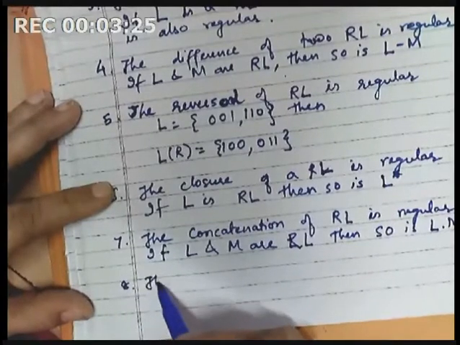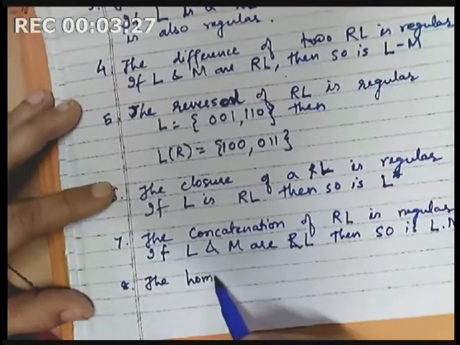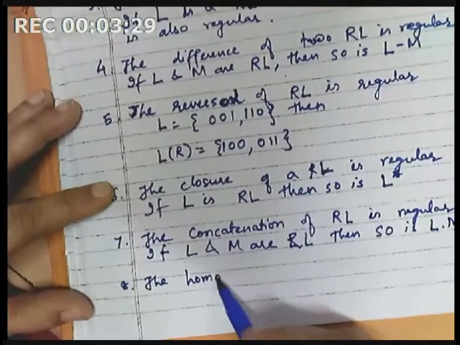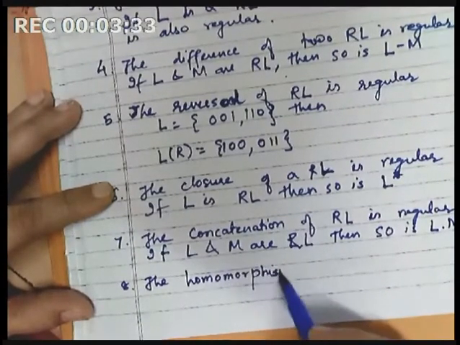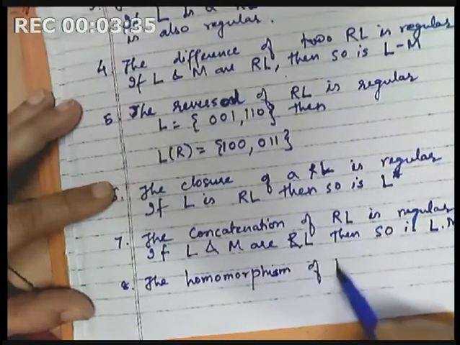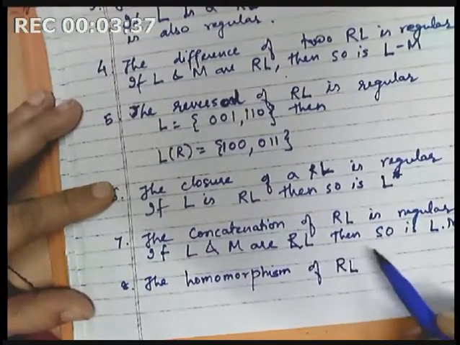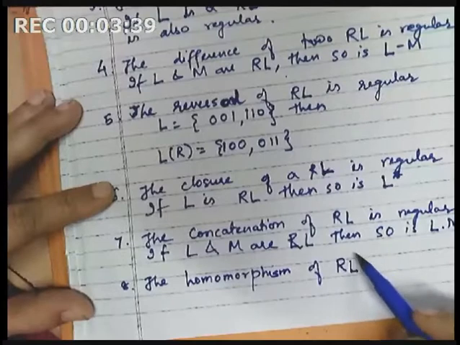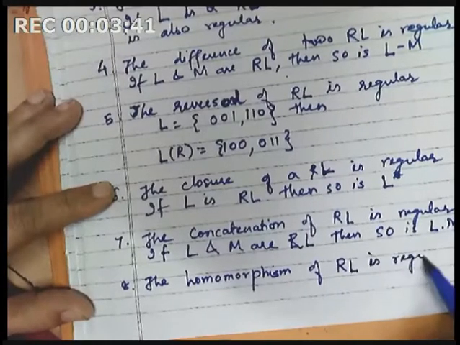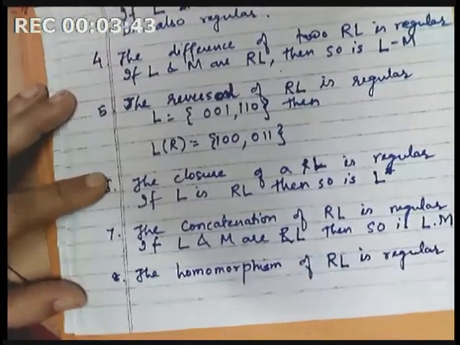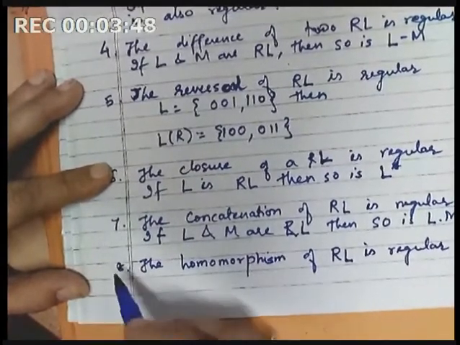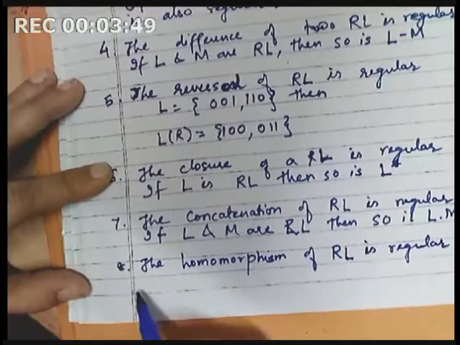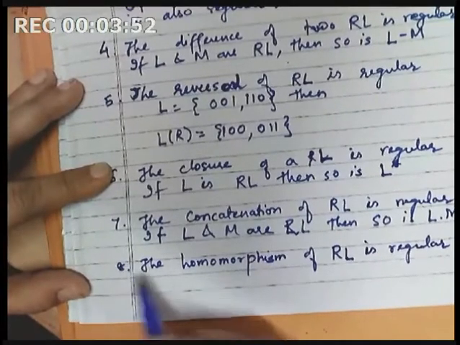Now next is the homomorphism. Homomorphism of RL is regular. Now what do you mean by homomorphism? If we are having any string, it is just a substitution.